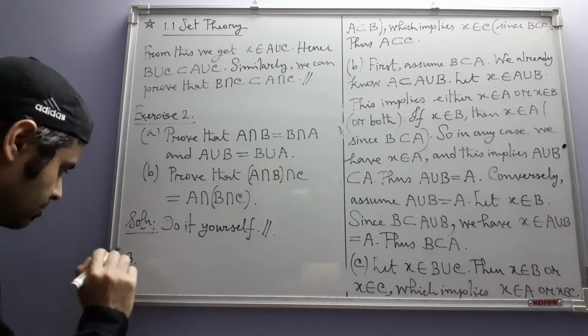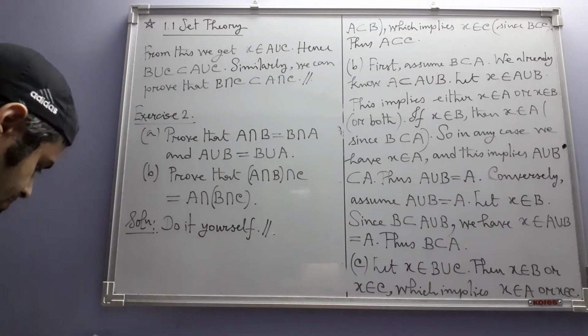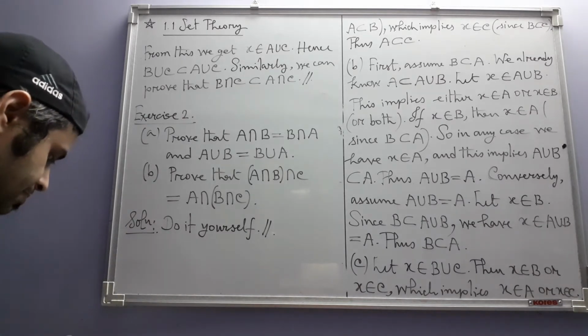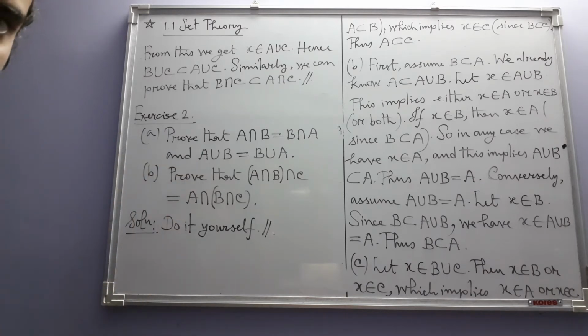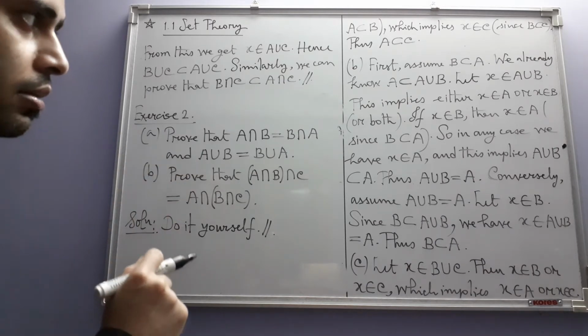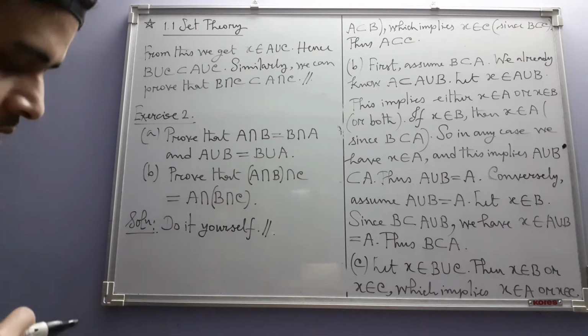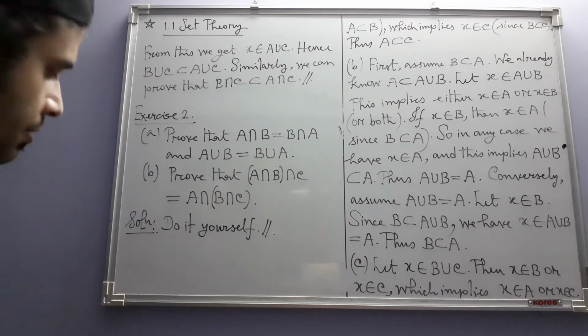The next one, of course, I will do, although it is also very easy. You see, we have already proved one distributive law, that intersection distributes itself over union. We are now going to prove the other one.